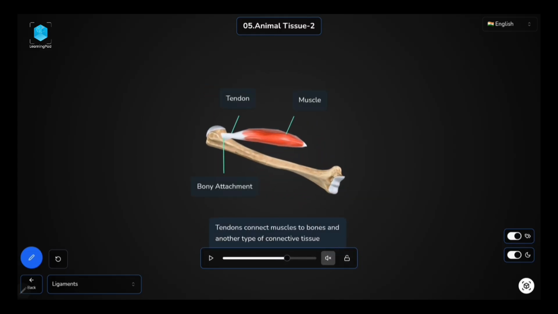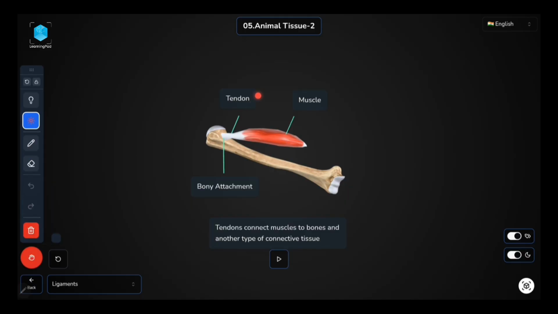Another type of tissue is tendon. You can see here the tendon is present near the muscle. It also provides support, and it is present at the joint of muscle, where the muscle is attached to the bone.